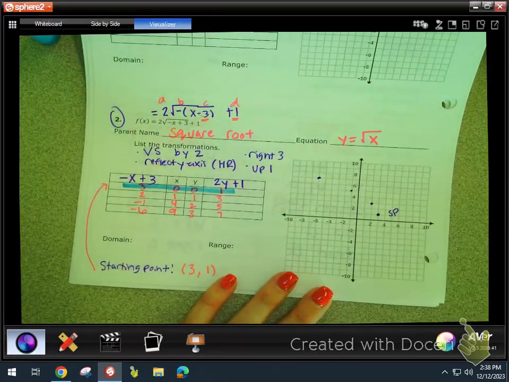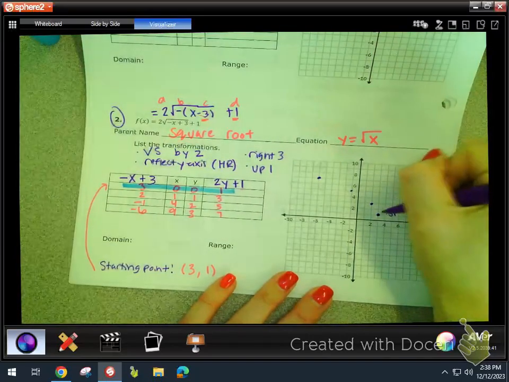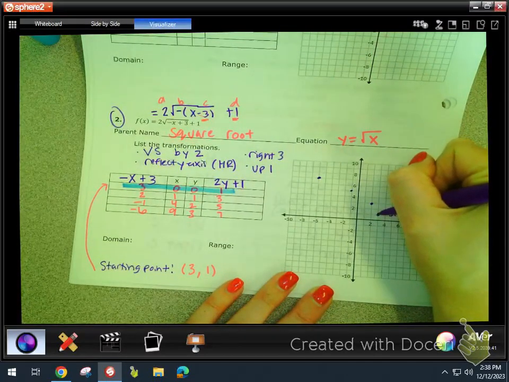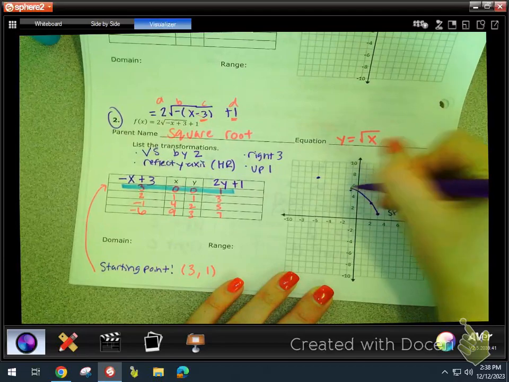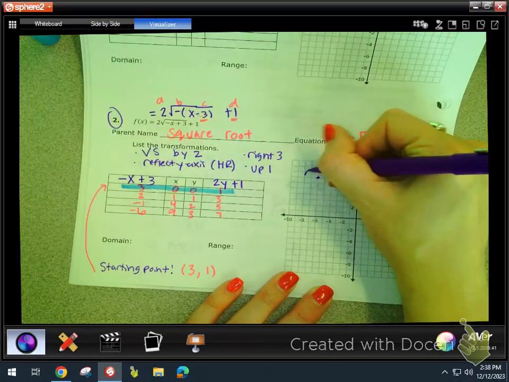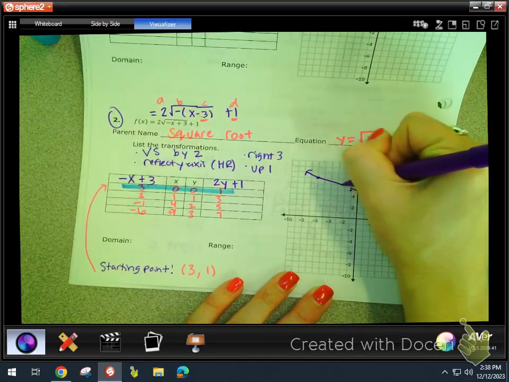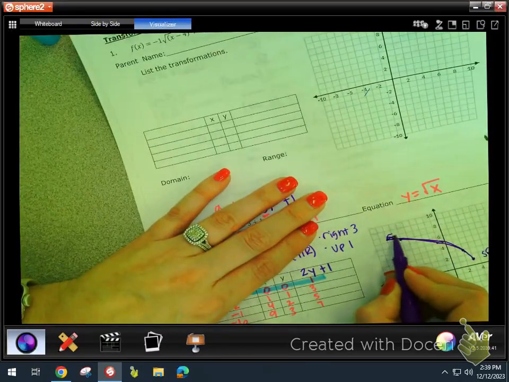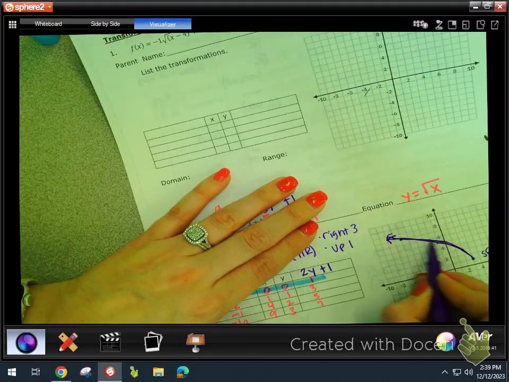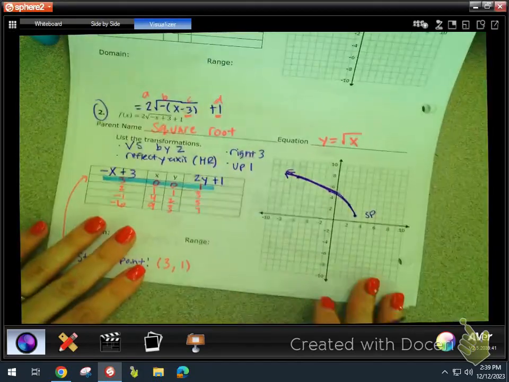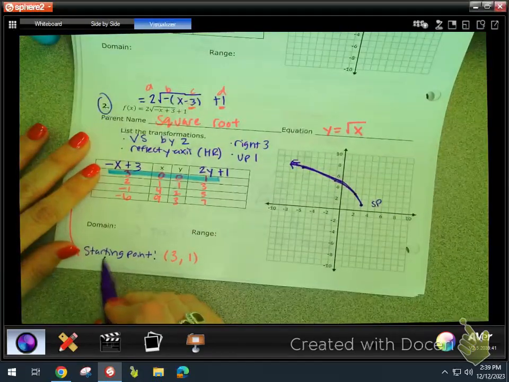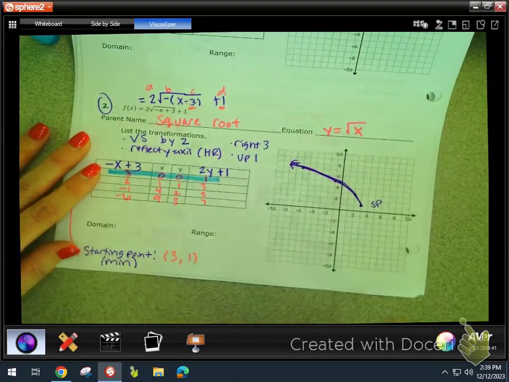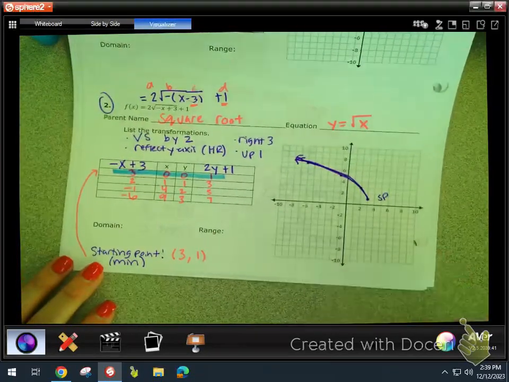I start there, and then I go. So my curve is going to look like this. It's not a very good graph. Like that. So my starting point will actually be a minimum. In this case, it's the lowest point.